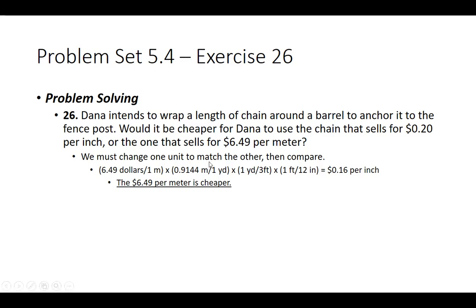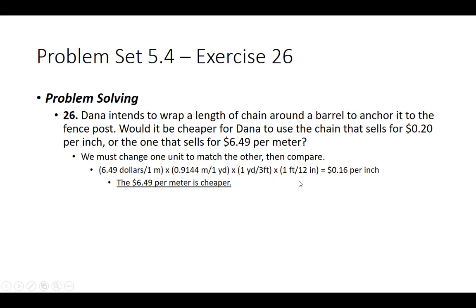And that conversion is 0.9144 meters over 1 yard. So now we're in dollars per yard. To get our way into inches, next we'll go from yards to feet. Yards on top, feet on the bottom to cancel out the yards from the bottom. Change it to feet. That's going to be 1 yard over 3 feet.